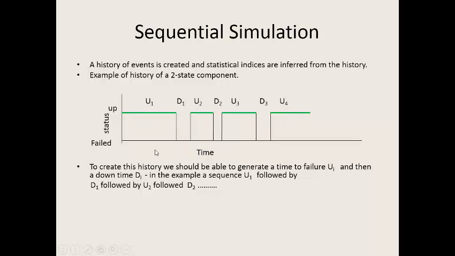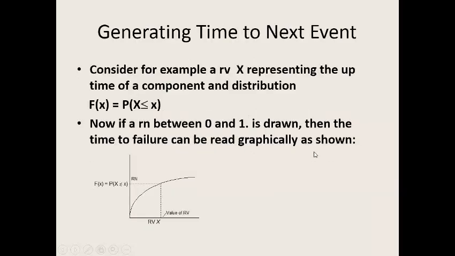So if we can find a method of generating uptimes and downtimes from the probability distributions, then you can construct this history, right? So how do we do that?